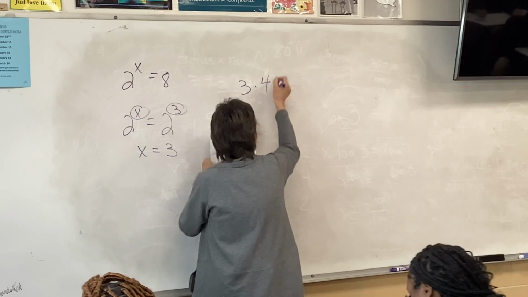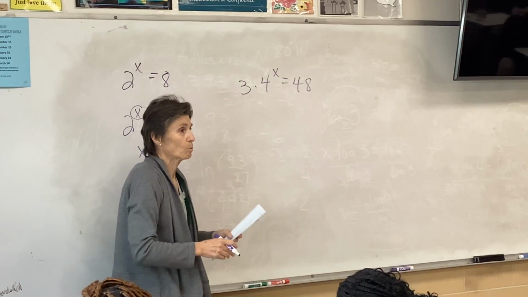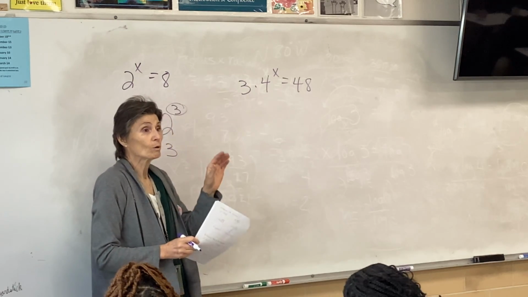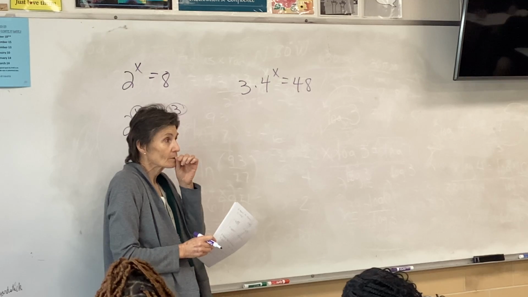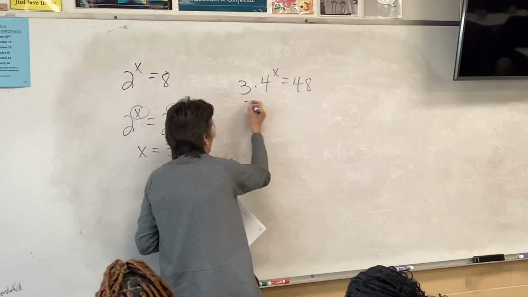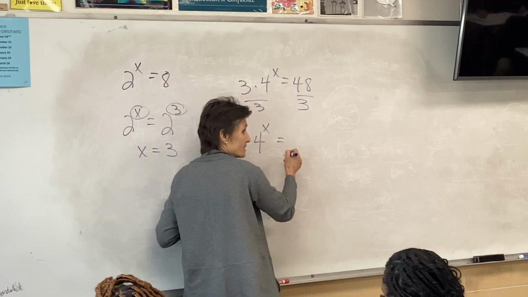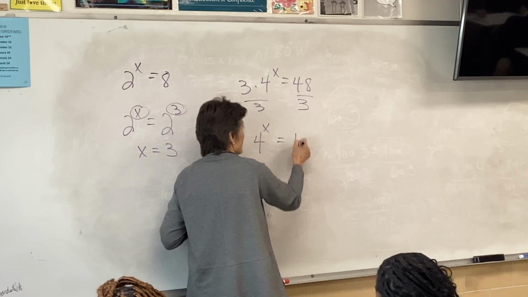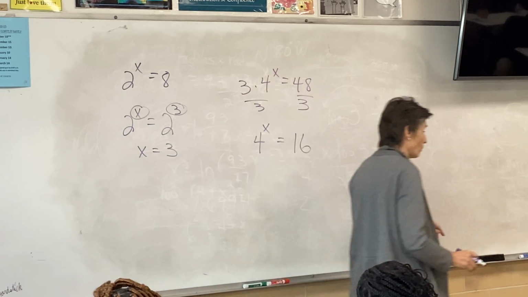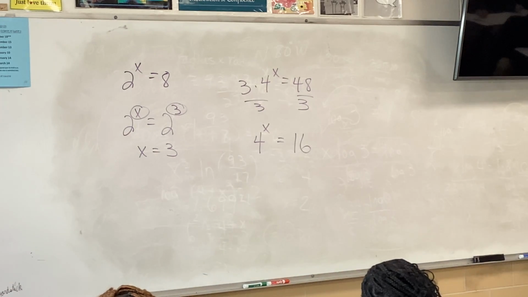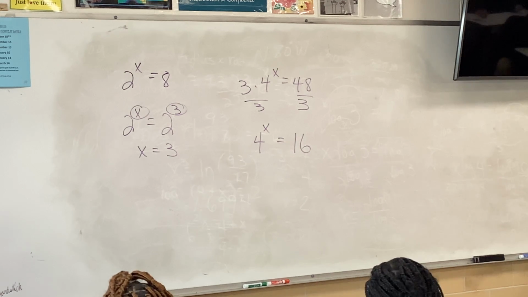What do you think you might want to do with this one? Before we start in, what do you think we might want to do? Divide by 3. So 4 to the x equals 16. We always want to divide by that extra number.